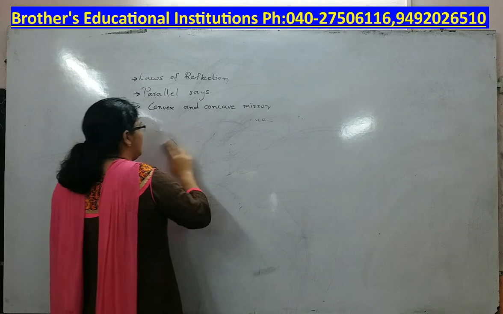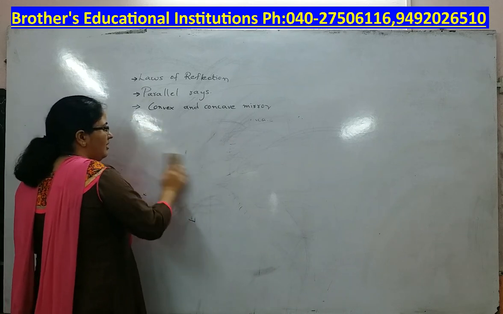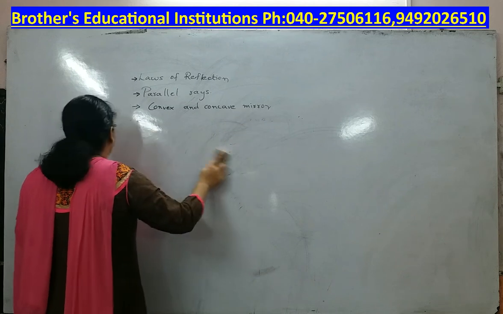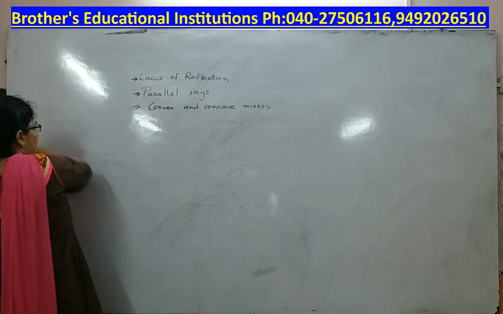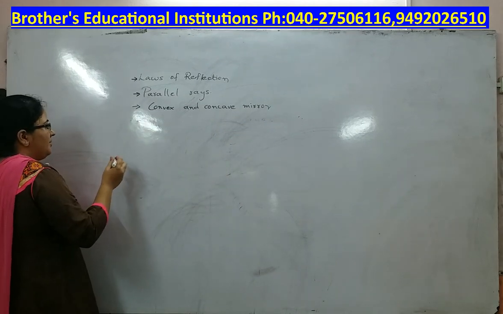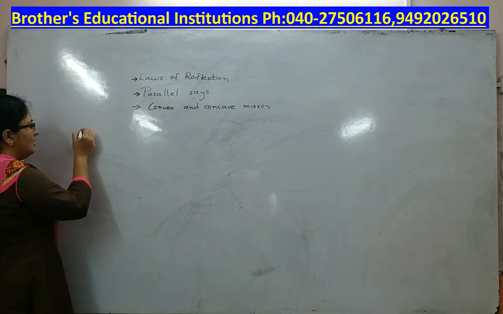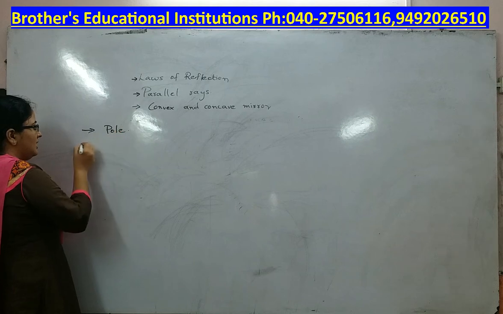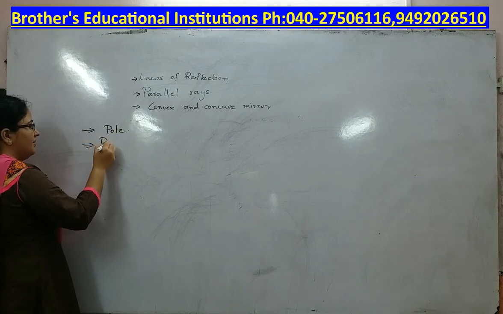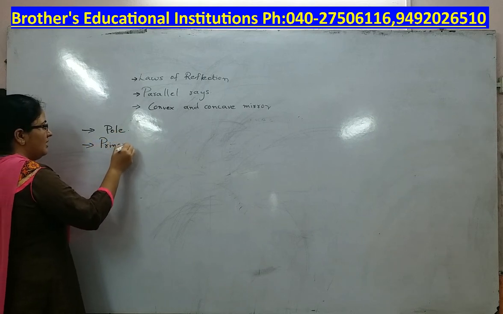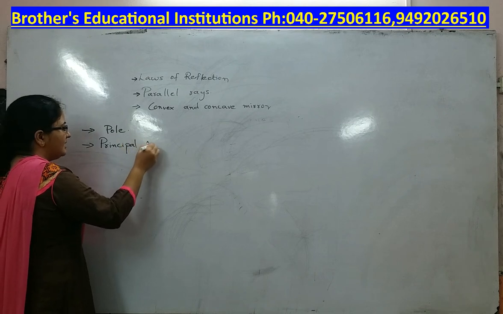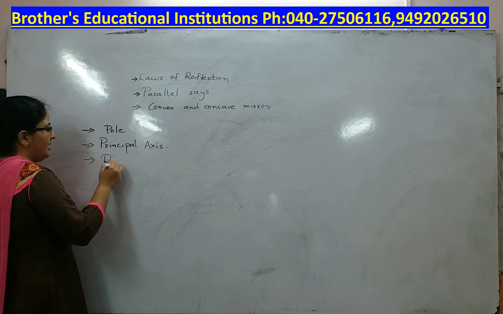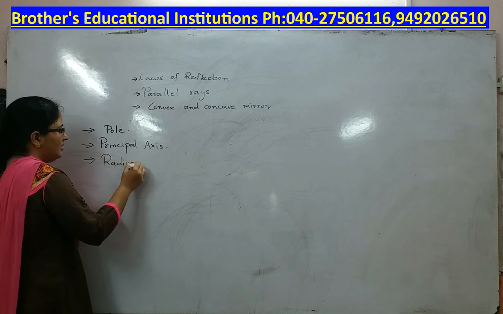Before going to this, we'll learn some terminology for convex and concave mirrors. We'll learn some technical terms. First one is pole. Second one is principal axis. Third one is radius of curvature.